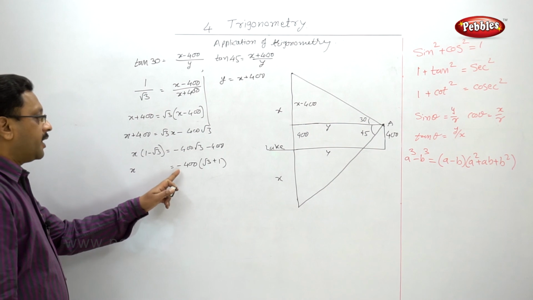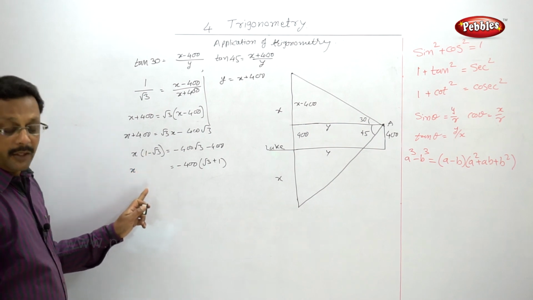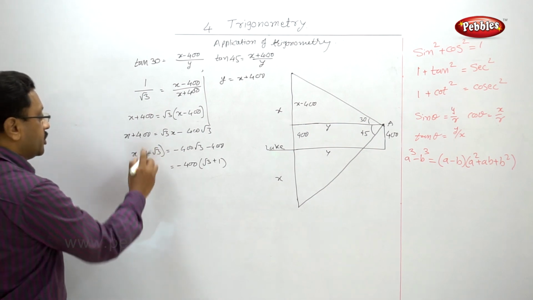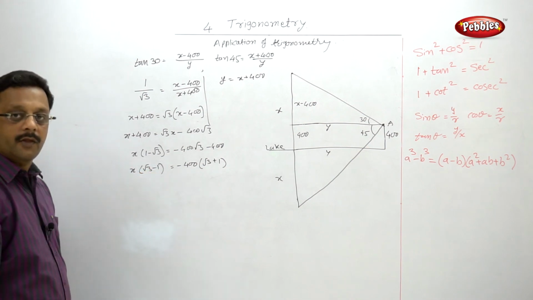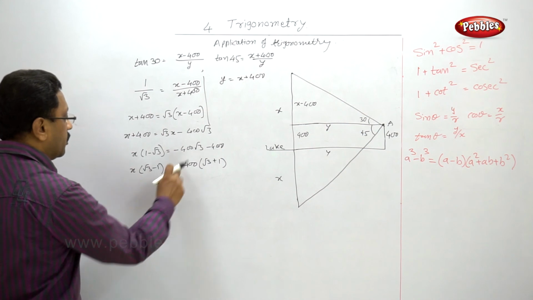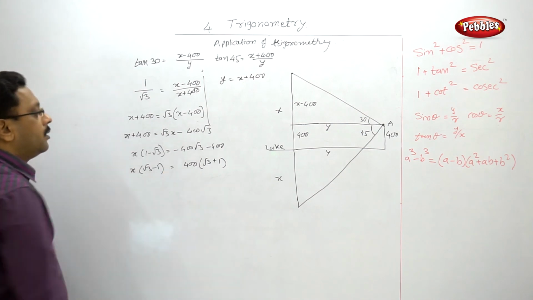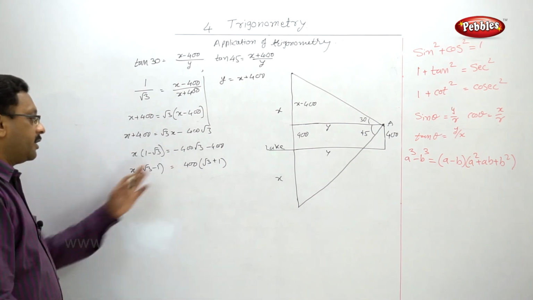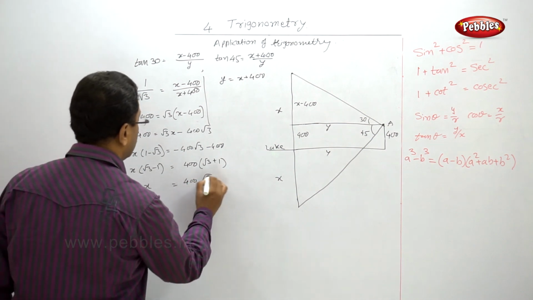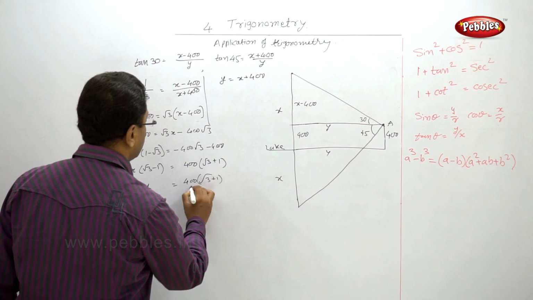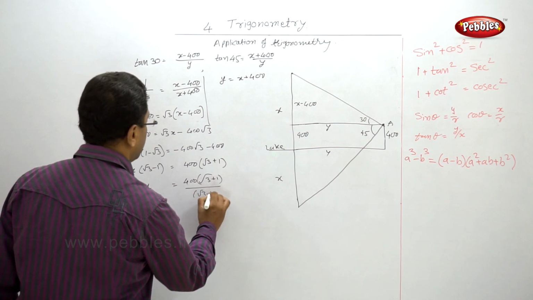Now if I take the negative sign to that side, I can interchange, that is root 3 minus 1 here. Correct? I'll delete this sign because I've taken it to this side. So x is equal to 400 into root 3 plus 1 upon root 3 minus 1.